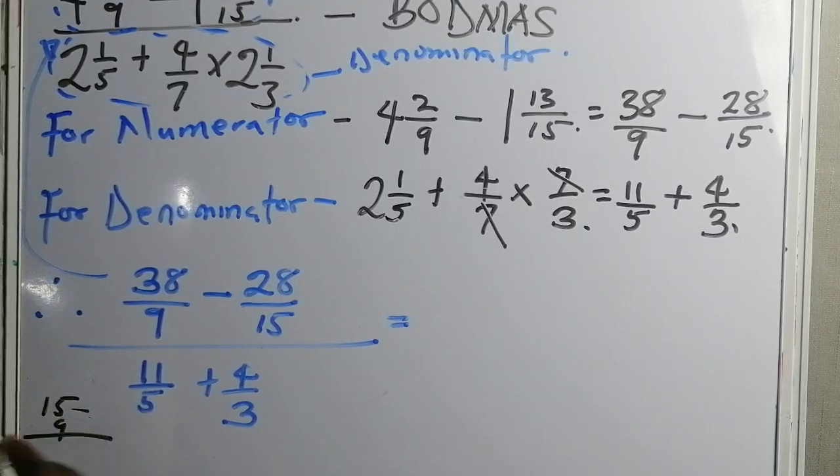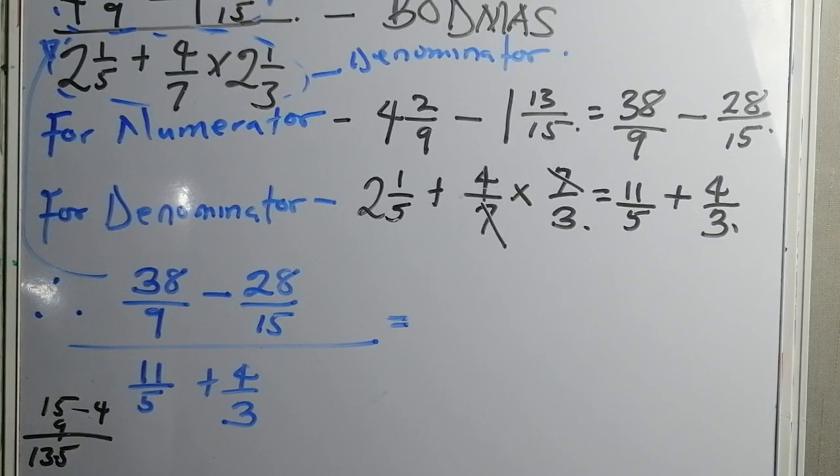15 times 9, so 9 times 5 is what? I think it's 45, yeah, if I'm not mistaken, because 9 times 4 is 36. Okay, 36 plus another 9, that's 45. So 5 carry 4. 9 times 1, 9 plus 4, that will give us what? 13. 135.